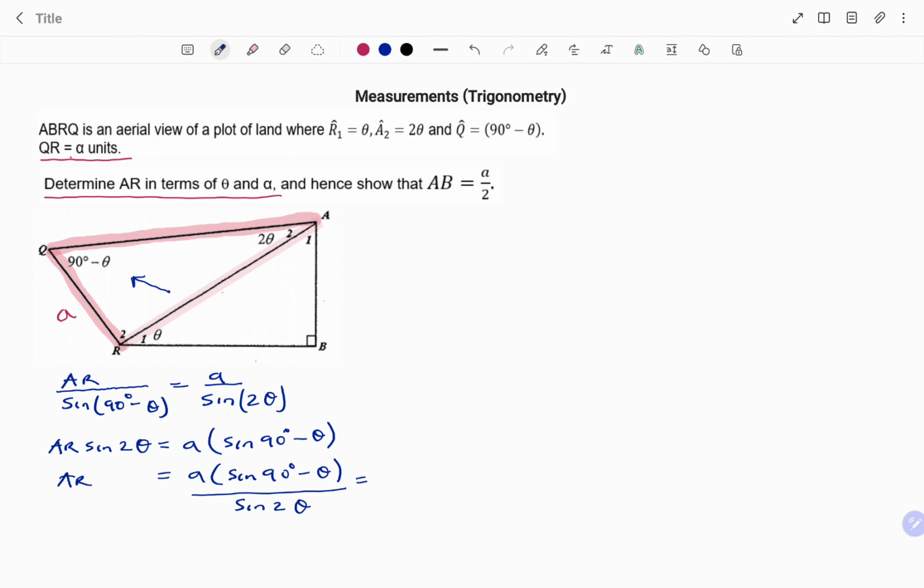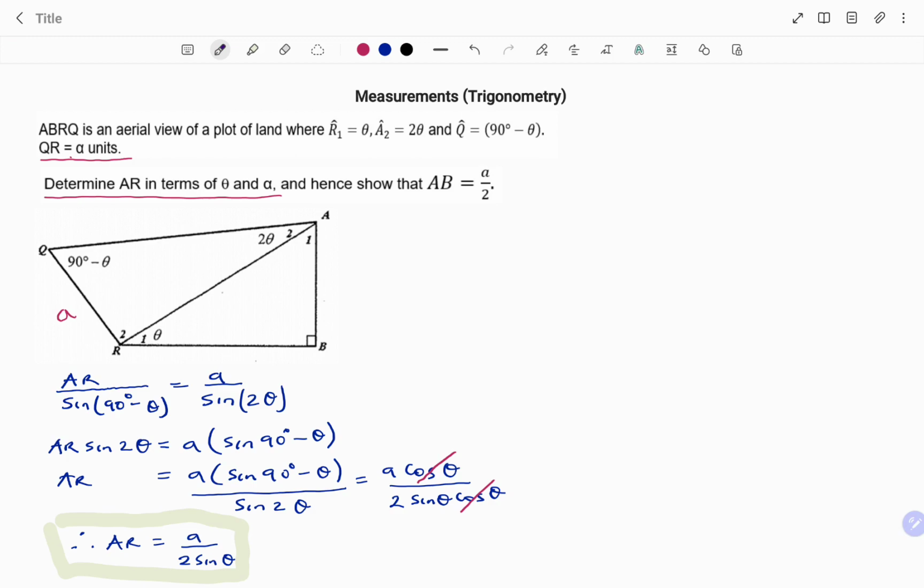Using your co-function, we have sine 90 degrees minus theta becoming cos theta, and using the double angle formula, sine 2 theta becomes 2 sine theta cos theta. That's using your trig identities. We have cos theta dividing cos theta. Therefore, the value of your AR will be a over 2 sine theta.